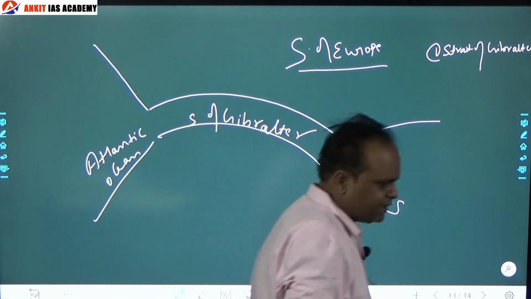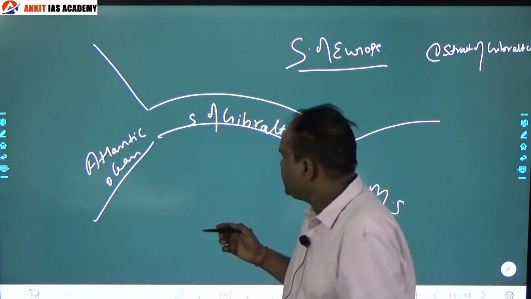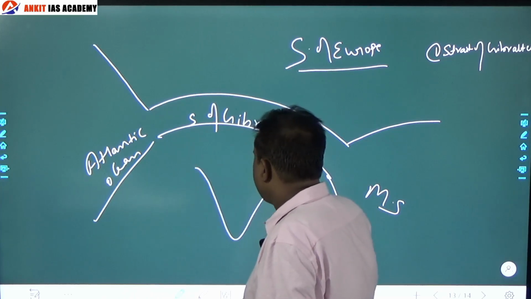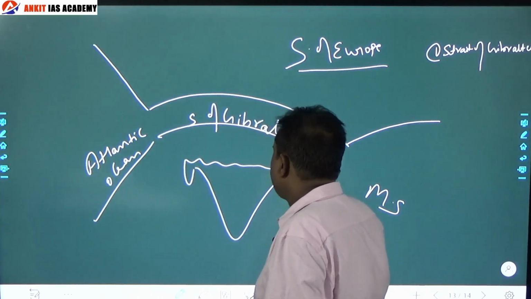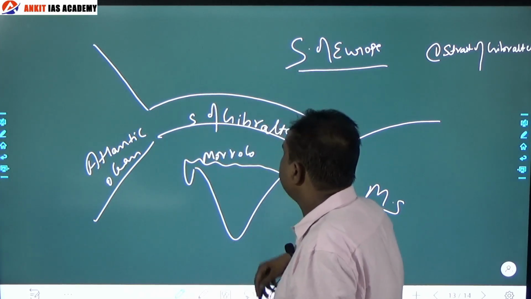Strait of Gibraltar connects Mediterranean Sea with Atlantic Ocean and separates, or is located, you can say, between Morocco and Spain.